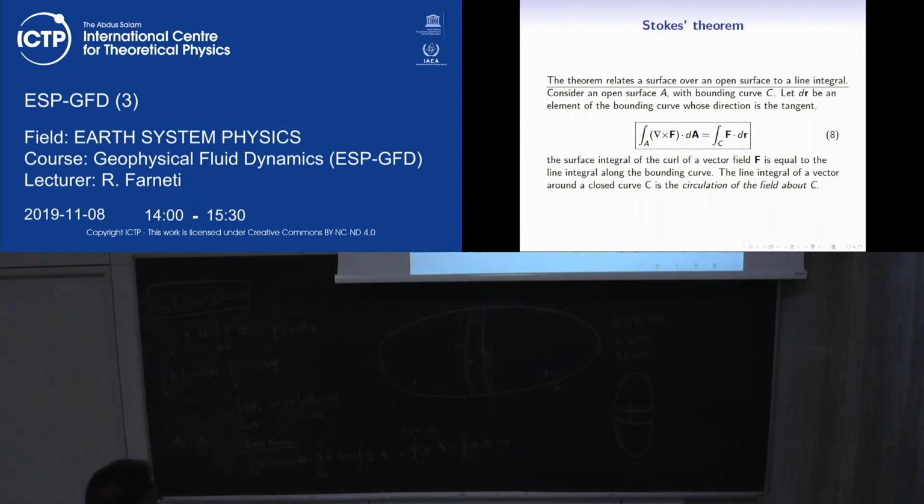So if the volume integral of the divergence of the curl is equal to 0 for a continuous integral, that means the divergence of the curl of U is equal to 0. And we didn't use tensors.